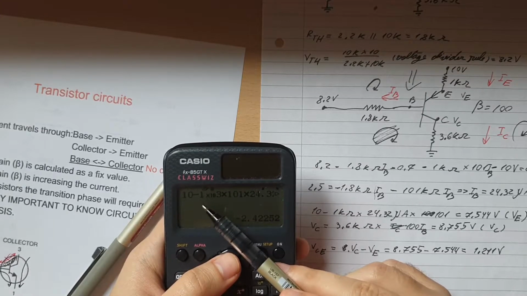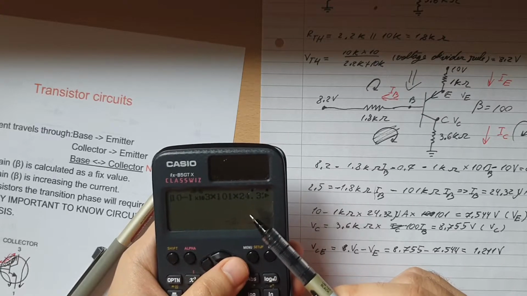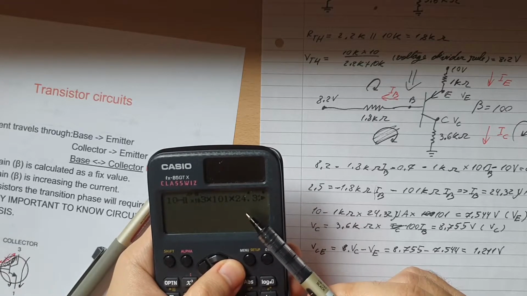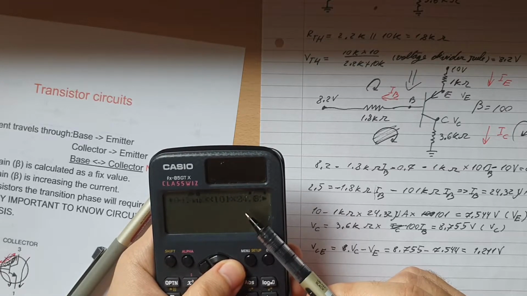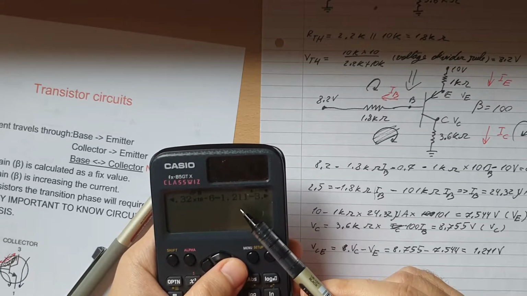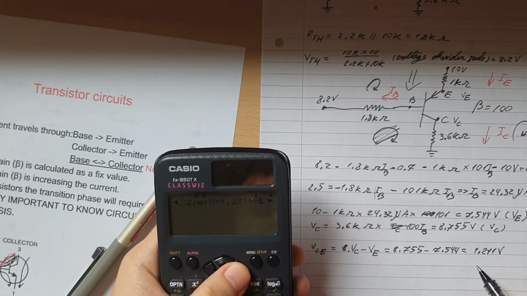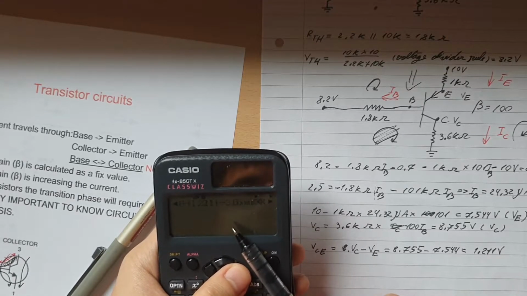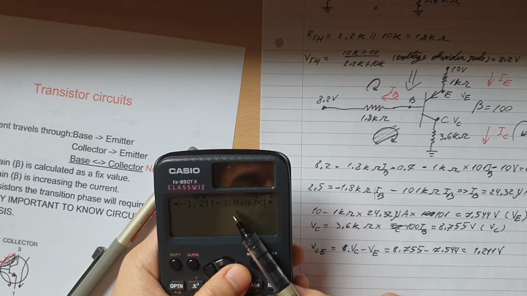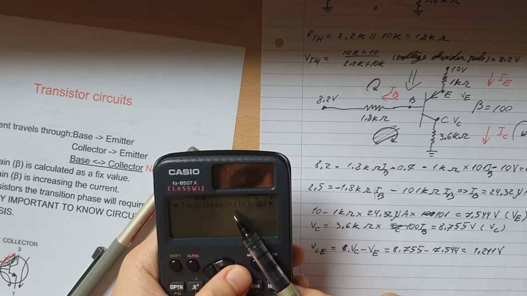Okay, so 10 minus 10, 24, and then, sorry, my sister was like, 1.211. So that will be this value here that we just found, minus 3.6k times 100 times 10 to the minus 6.